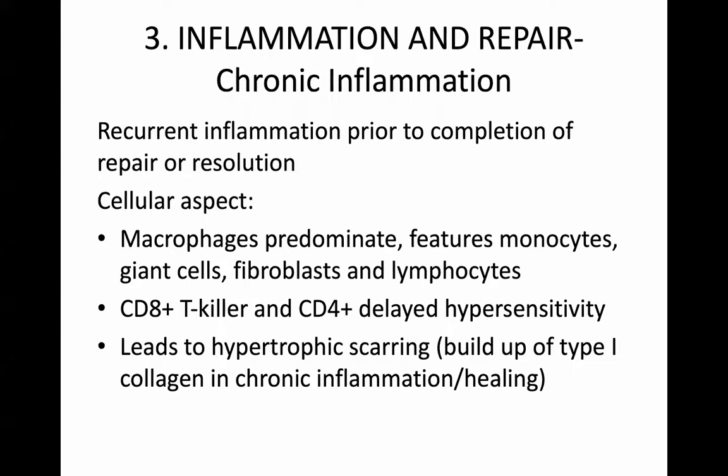CD8 plus T killer cells and CD4 plus delayed hypersensitivity cells are also very active. Note that these are the cells that usually come in last to complete the inflammatory process, but they are now predominantly active because they are consistently at the inflammatory site because of recurrent inflammation.